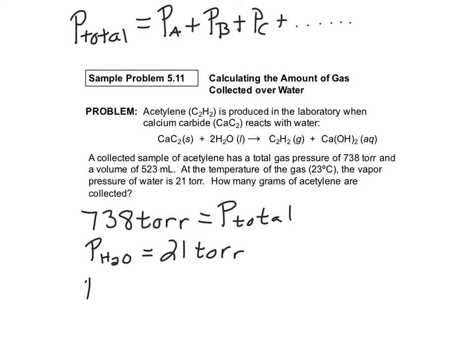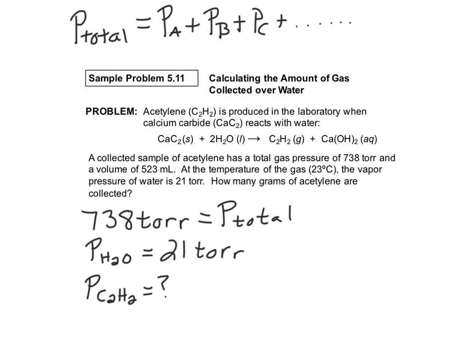We need to figure out what the pressure of acetylene is, right? So that we can figure out the grams. We can use PV equals nRT to figure out the grams of acetylene that are collected. All right, so let's see. P total up here is equal to the sum of all the partial pressures.